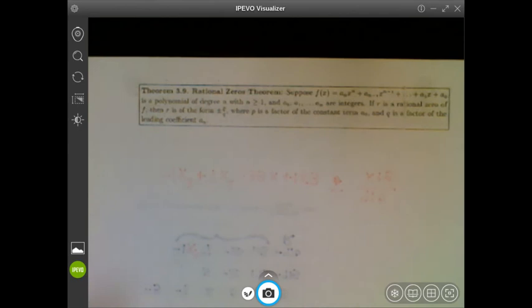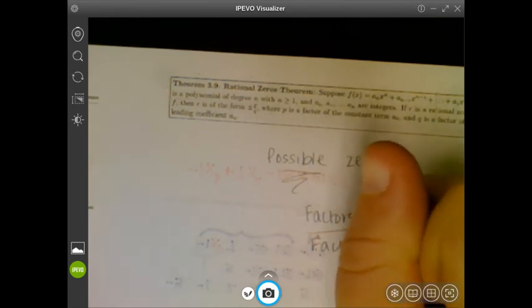But what it says, and I'll just point out the most important parts, is if you have a polynomial, then the possible rational zeros would happen at factors of the constant term over factors of the leading coefficient.